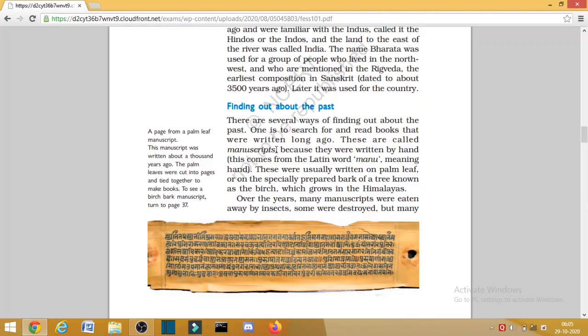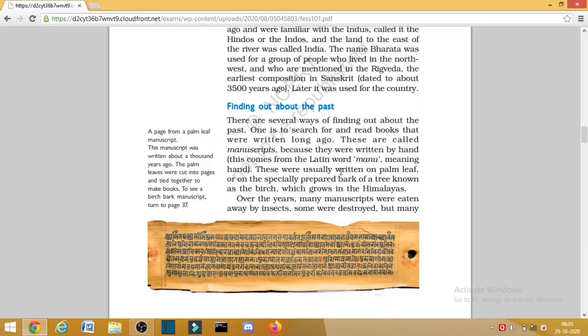Manuscript means a very old book or document that was written by hand. This comes from the Latin word manu, meaning hand.